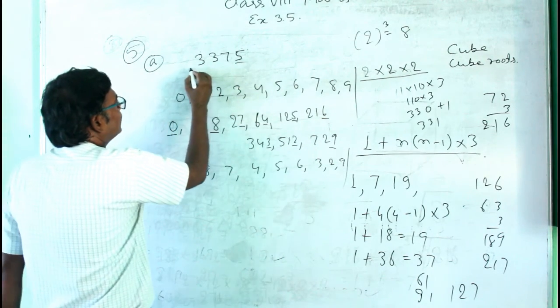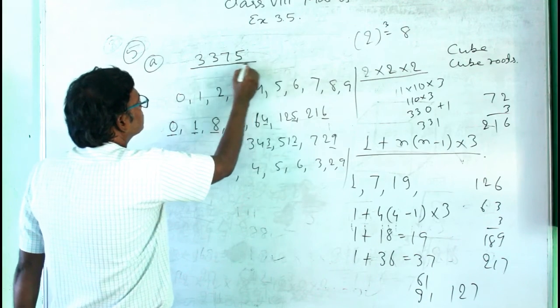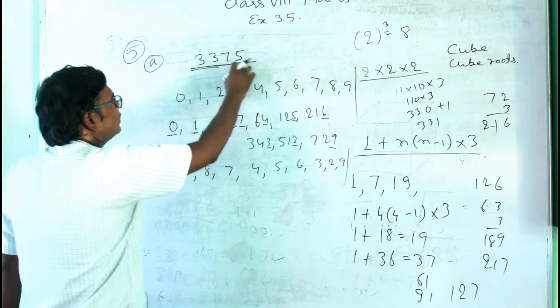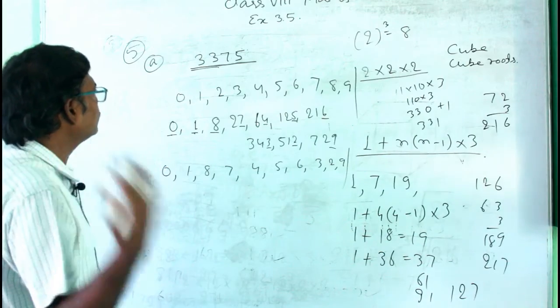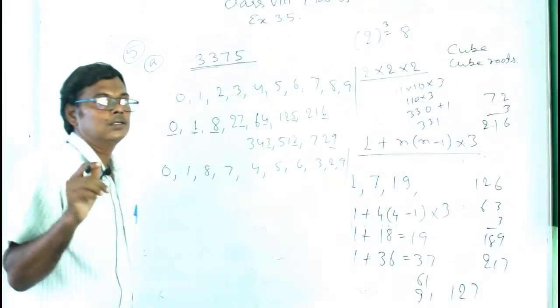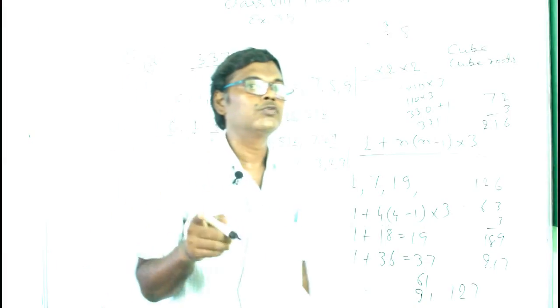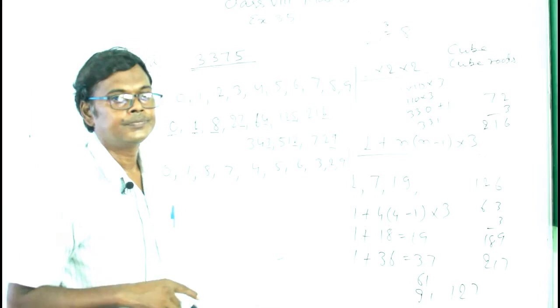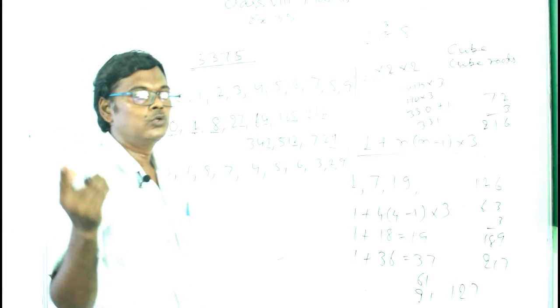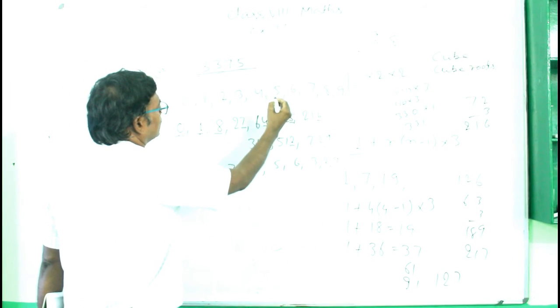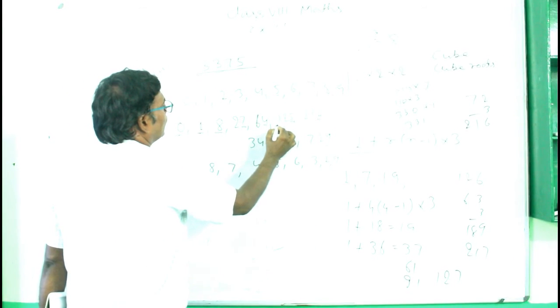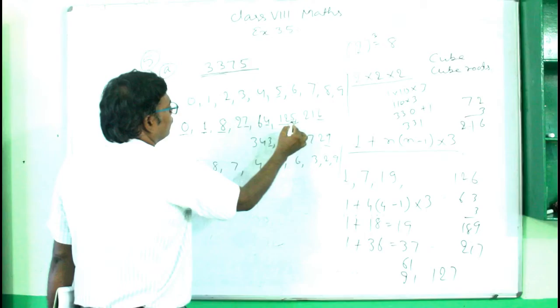if you want to find the cube root of this number and at the units place it is 5, it means that in the cube root the ones digit will be 5, because the cube of 5 is 125, and in this ones place it is 5.